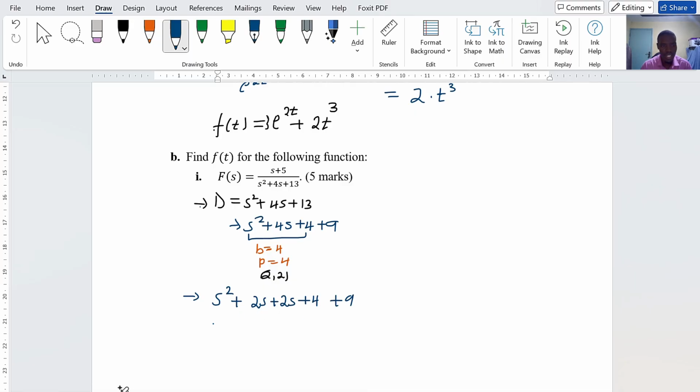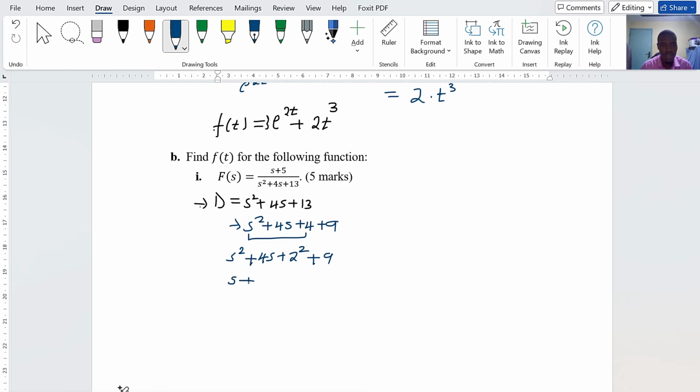In fact, if you don't want to go through all this, because we are not doing the quadratic function, then we can rewrite this as s squared plus 4s plus 2 squared, then plus 9. Now you complete the square by only picking the squares.